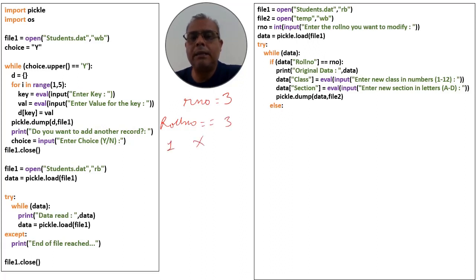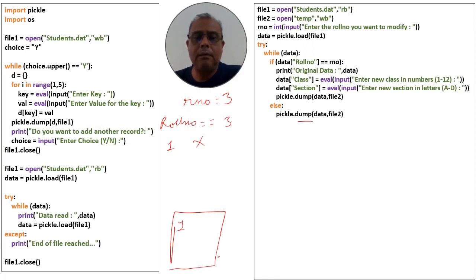It does not match, so we go into the else part and we will dump the record as it is into file 2. So in file 2 the record will be written as it is. Then the next record read is roll number 2. The roll numbers will be compared with each other, and it will be written into the temporary file as it is.